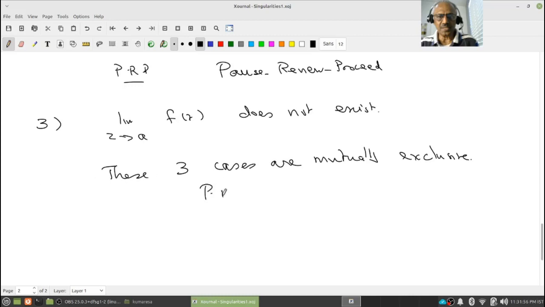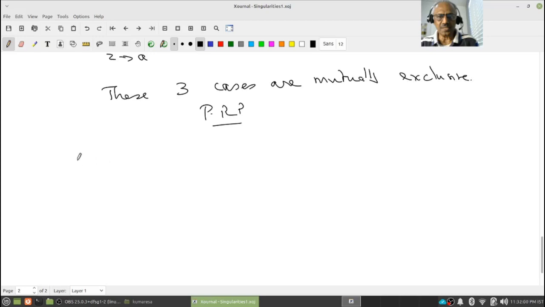Please understand that. In case 1, if 1 happens, that is limit z tends to A of f(z) exists in C, then we say z equal to A is a removable singularity.